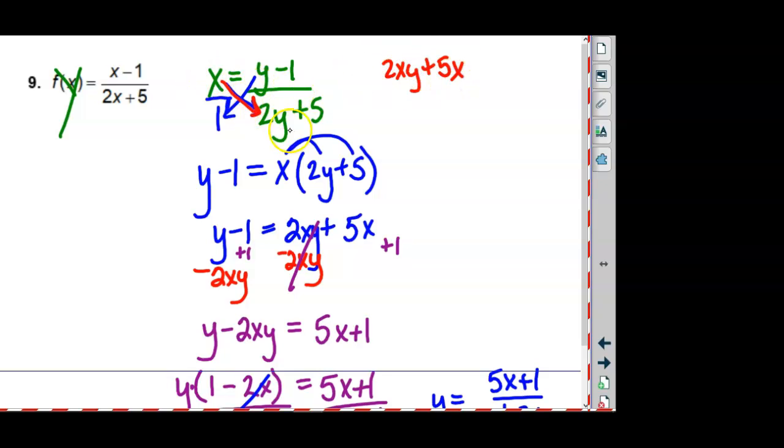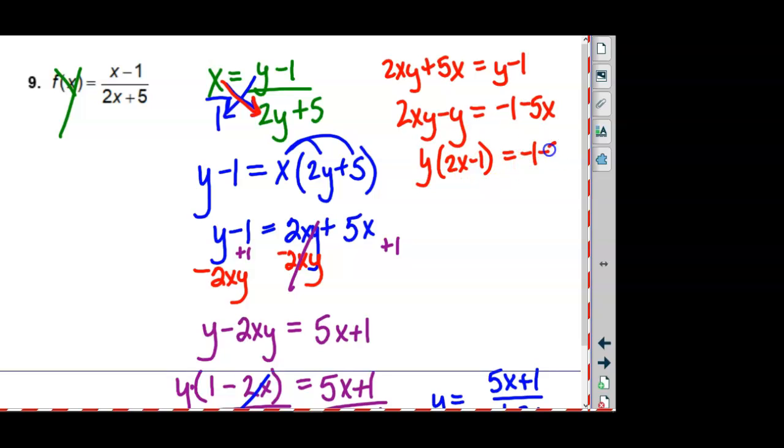Is everybody okay with what I did? I distributed that way. And then going this way, I had y minus 1. Then I had decided to move the y over here by subtracting it, and then subtracting the 5x over to this side, factoring out the y, and dividing at the end here by 2x minus 1.